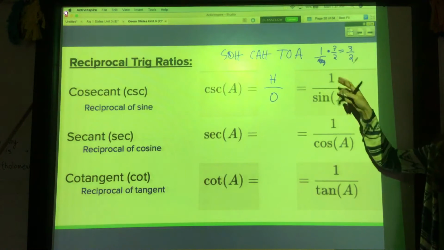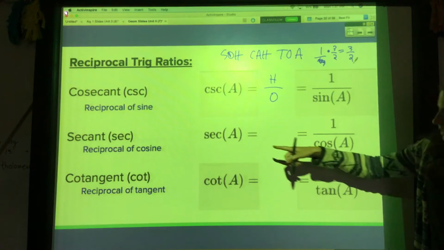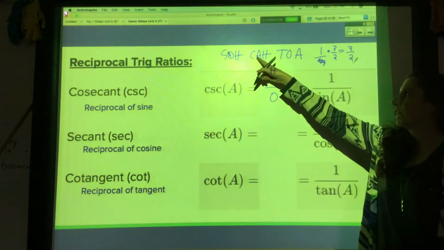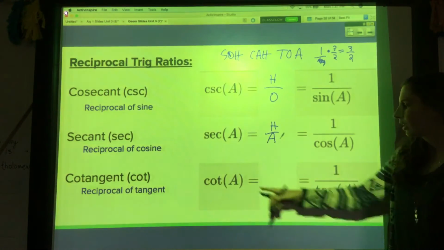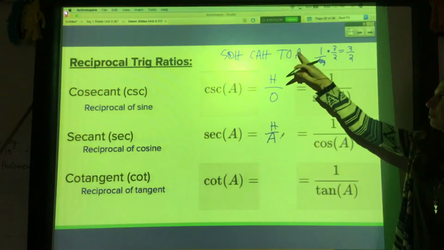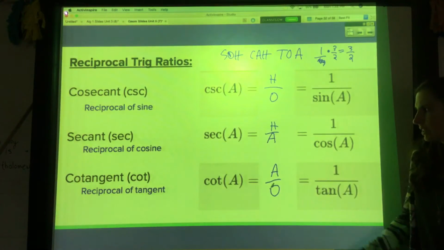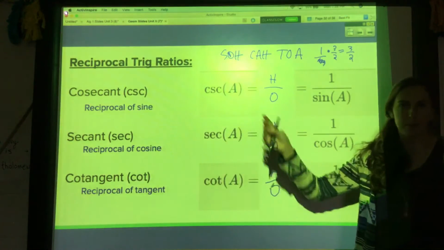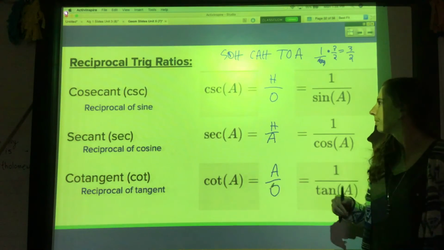It's the reciprocal, sorry, not inverse. Secant, once again, rather than being adjacent over hypotenuse, is hypotenuse over adjacent. And cotangent, rather than being opposite over adjacent, is adjacent over opposite. Once again, these three words are just names that we assign to specific ratios in a right triangle.